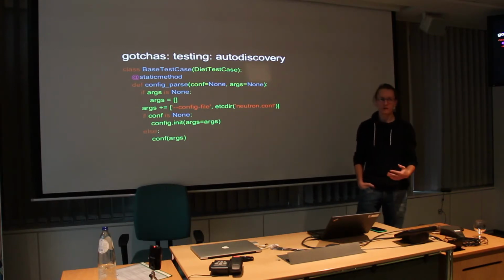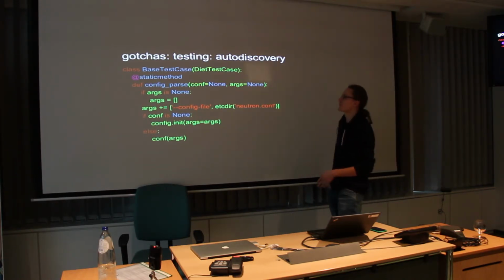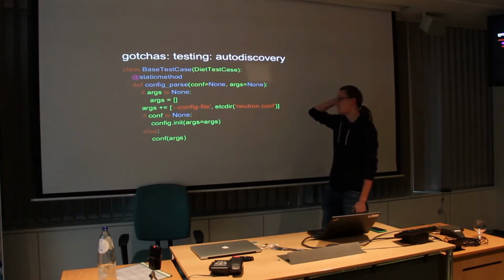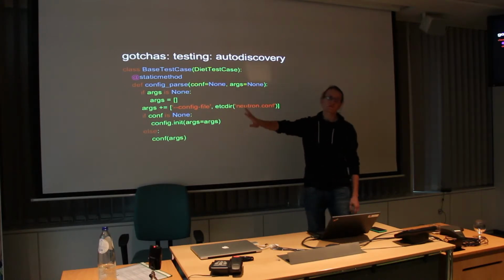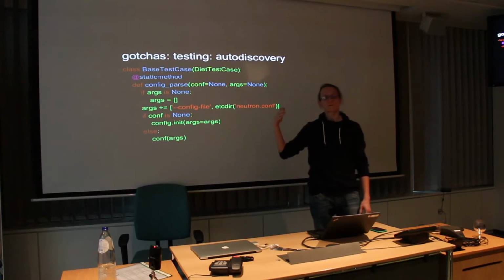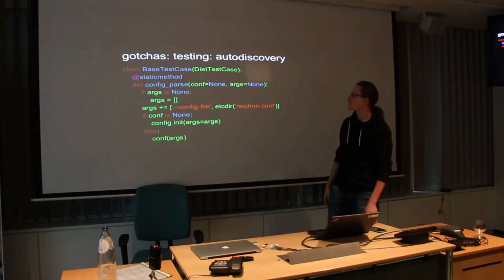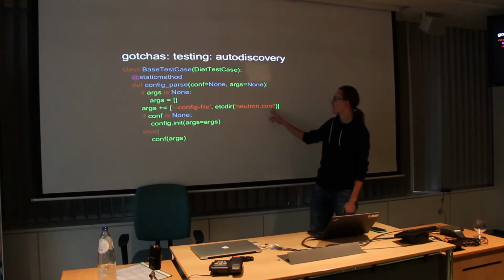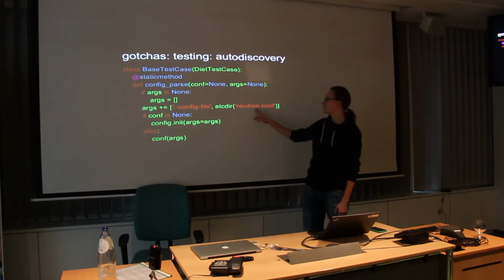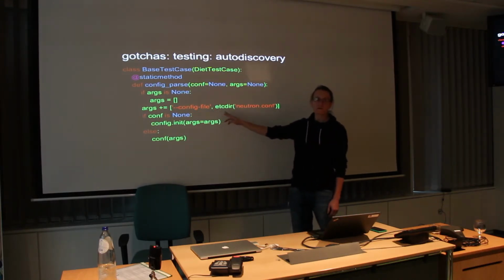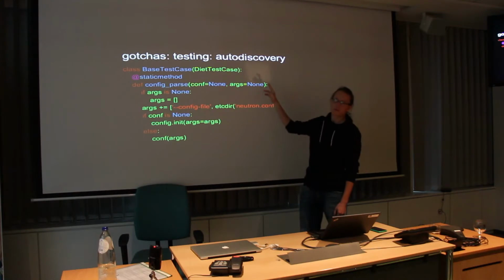In Neutron we had multiple attempts to do that. One of the things is that in our base test class we have this static method, config parse, which is called from another place for every test case. What we basically do here is we put some weird, unneeded file in the CLI arguments, just so that we disable this auto-discover mechanism.